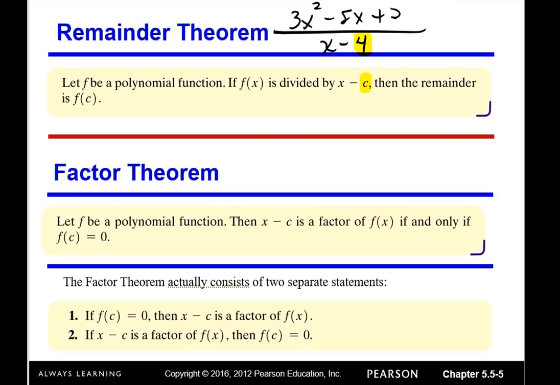The remainder will be f of c. So if I were to calculate f of 4, and I plugged and chugged it into this, I did 3 times 4 squared minus 8 times 4 plus 2.